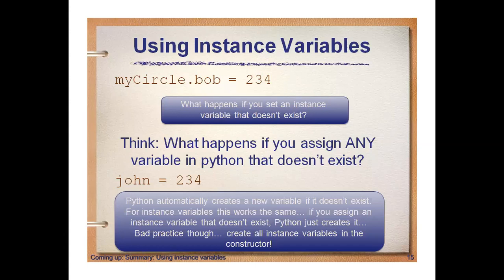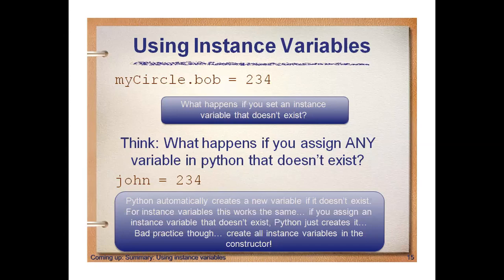Think: if you have Bob equal to 34 and you have another parameter John equal to 234, what will happen? Think about what happens if you assign a variable in Python that doesn't exist. Let's read the instructions carefully: Python automatically creates a new variable if it does not exist.